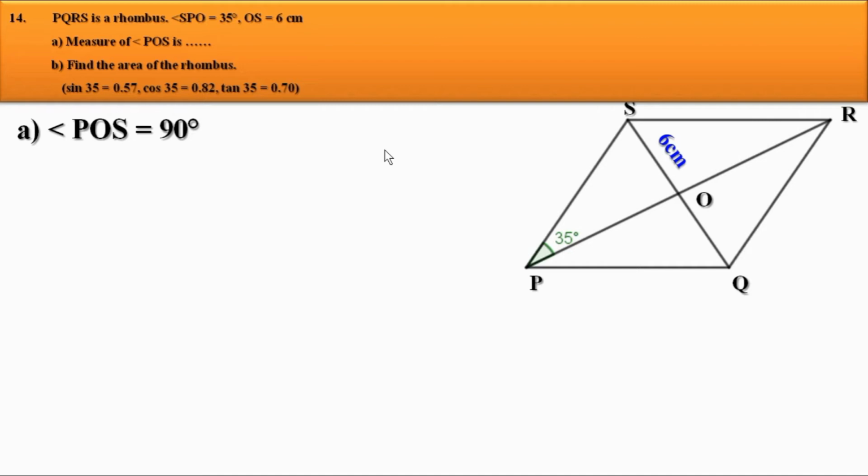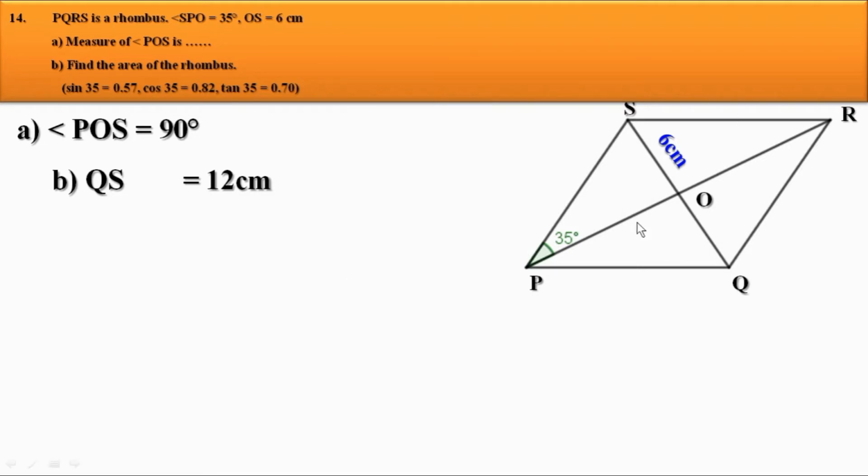So we need to find the diagonals at first. SQ is a diagonal. Given that OS is 6 and we know the diagonals are perpendicular bisectors. Therefore OQ also equal to 6 and therefore the first diagonal QS equal to 12 cm.